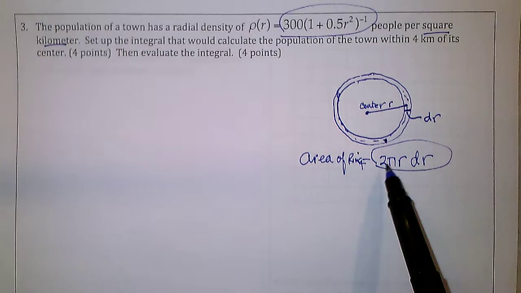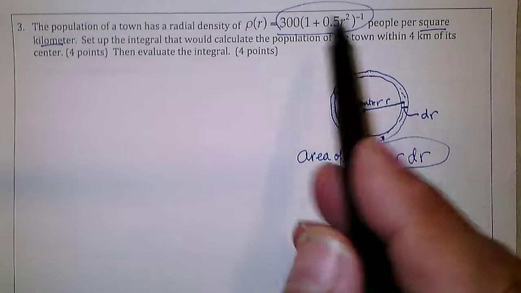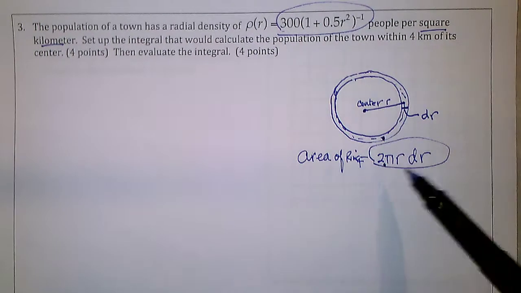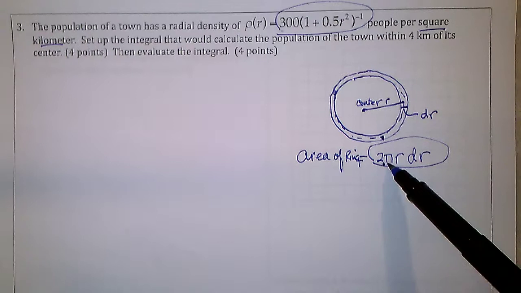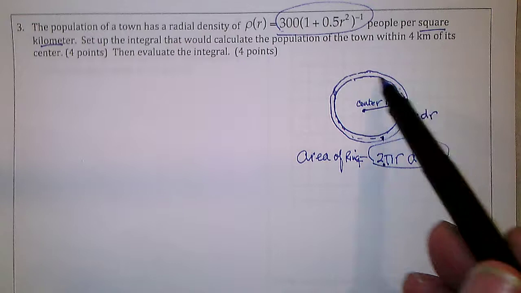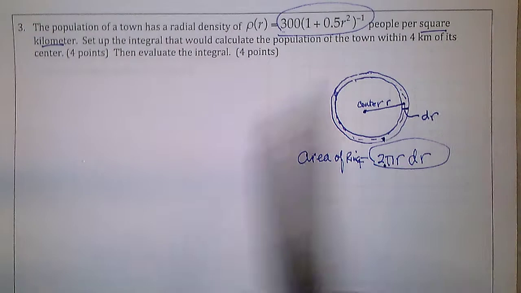Now if we take the area times the density, the number of people per square unit of area, so if we multiply these two, we'd find out the total population on that ring.